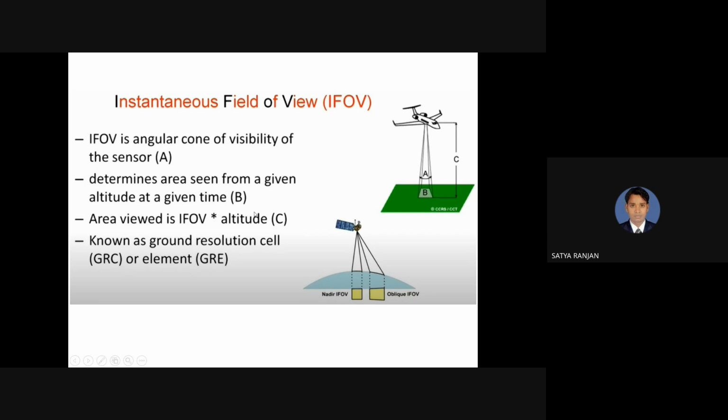So we can calculate the IFOV, that is, the area viewed is IFOV times altitude. If the altitude is known and the area is known, then we can get the angular result.